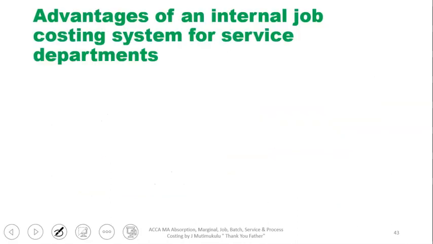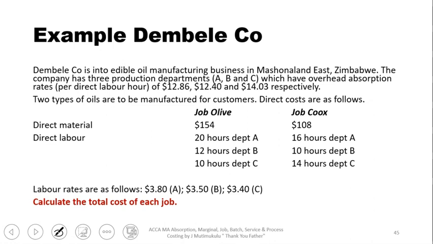There is this particular example, example Dembele. Dembele Co is into edible oil manufacturing business in Mashonaland in East Zimbabwe. The company has 3 production departments, A, B, and C, which have overhead absorption rates per direct labor hour of $12.86, $12.40, and $14.03 respectively. 2 types of oils are to be manufactured for customers.